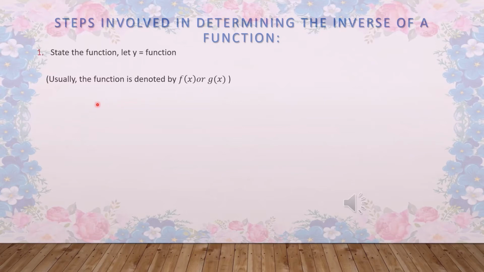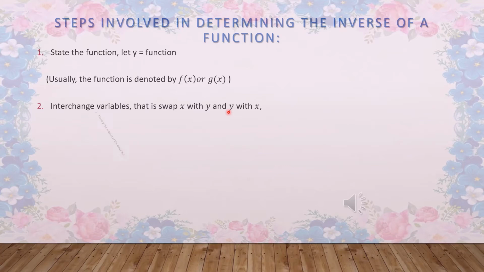The second thing is that wherever you have y, you interchange with x, and wherever you have x, you interchange with y. That is, you do a variable interchange, swapping x with y and y with x. Wherever you see x, you replace with y, and wherever you see y, you replace with x. So there's a change around.